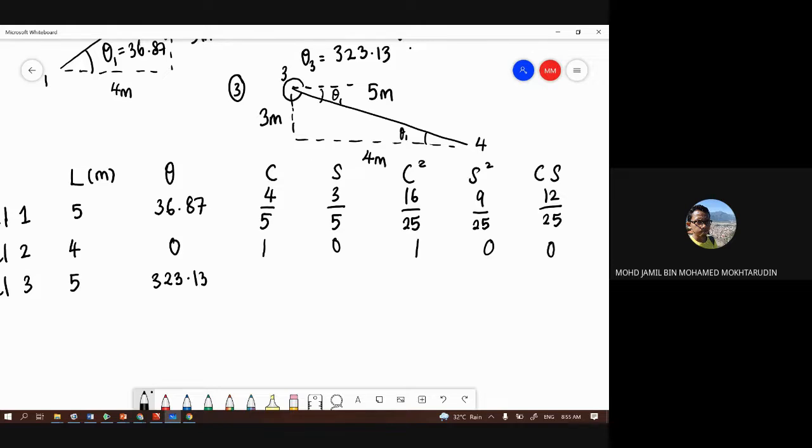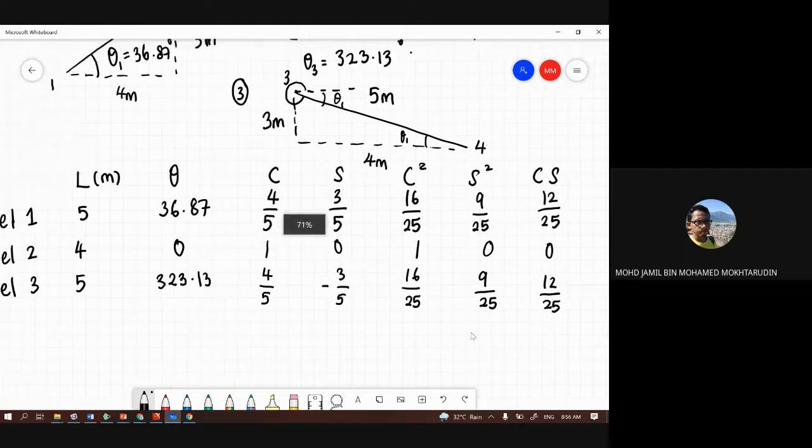And then the last one: 4/5, negative 3/5, 16/25, 9/25, negative 12/25. Okay, so if I calculate wrongly, please correct me, okay?